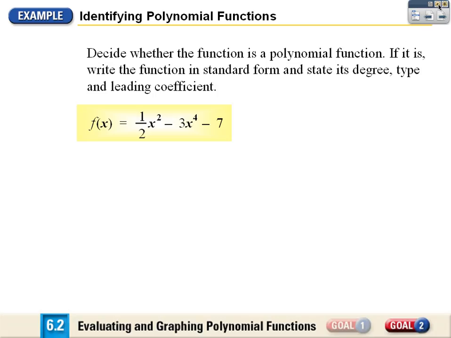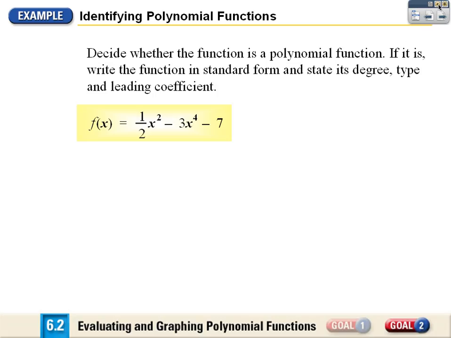So what is the degree of that polynomial? Fourth degree. What's the leading coefficient? It looks like a half, but the leading coefficient is the coefficient of the biggest power of x.